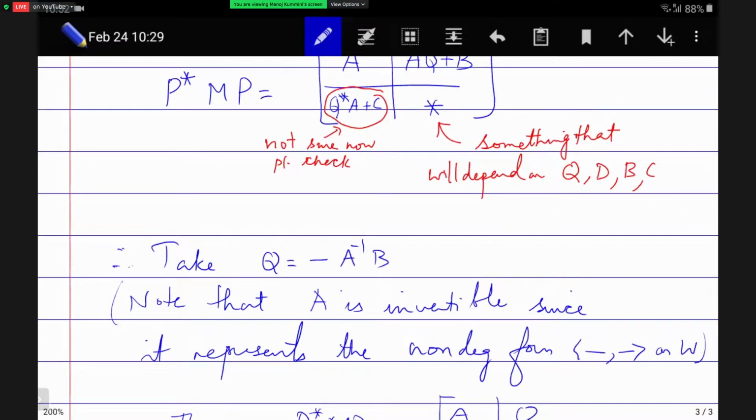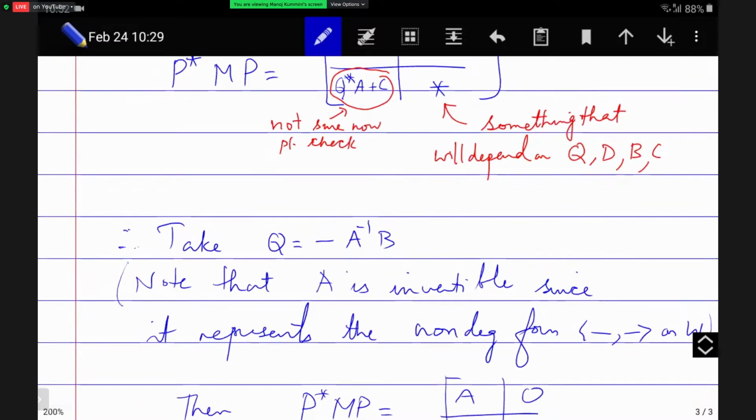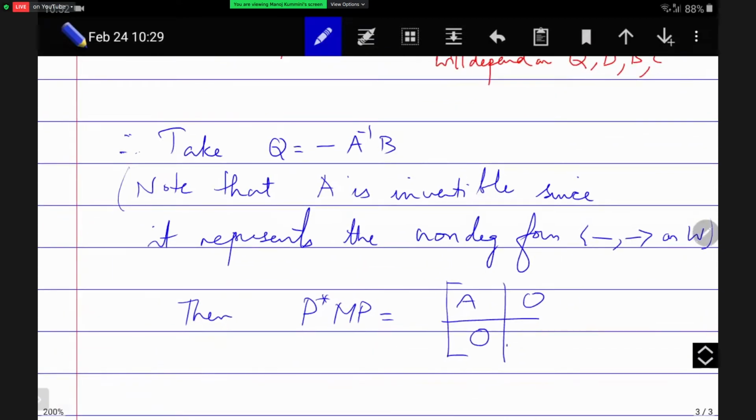Q star. Okay, so I'm a little concerned. I'm not entirely sure that this expression here is correct, but that is not really relevant. What you really need is that this top right corner is 0. And here we get some D prime.